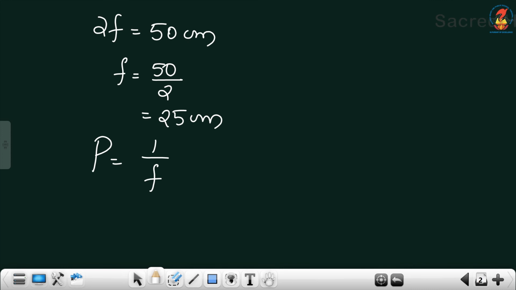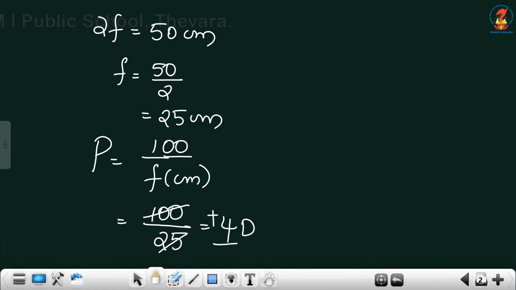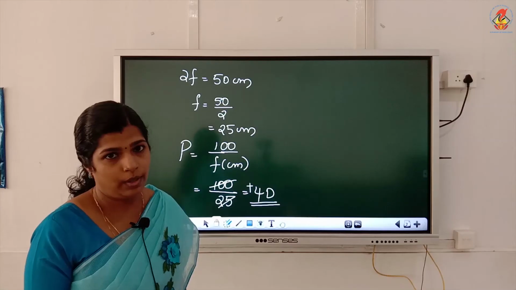Or you can use the equation 100 by f in centimeters, that is 100 by 25, that is plus 4D. That is the answer for this question, plus 4D.